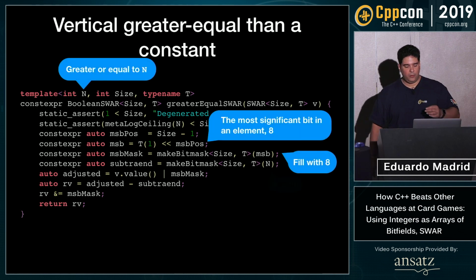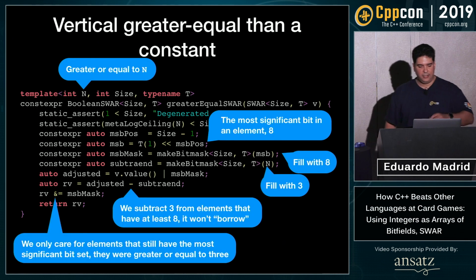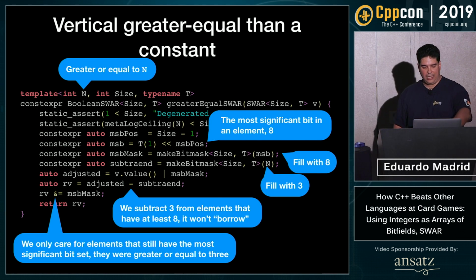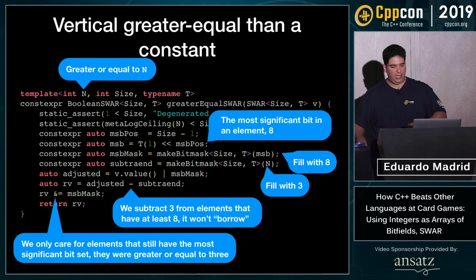And what is happening here? Okay, in the second bubble, what I am saying is I'm going to make a constant of the most significant bit in the element. I'm going to fill the whole register, and I am going to bleed it in.